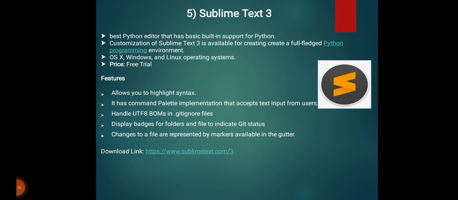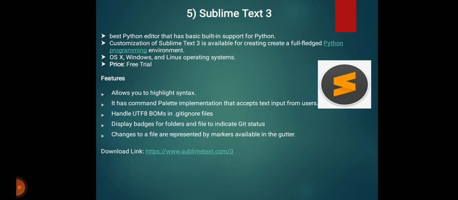Also handles UTF-8 BOMs in .gitignore files. It displays badges for the folders and files to indicate Git status. Again, changes to a file are represented by markers, which are available in the gutter. So these are some features, and here I am providing a downloading link of Sublime Text 3.